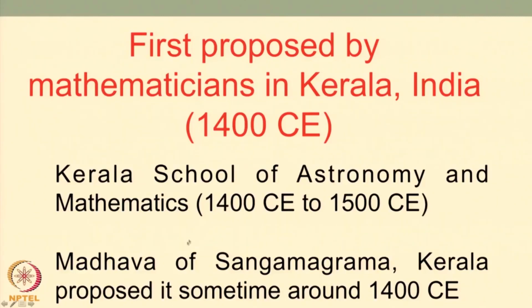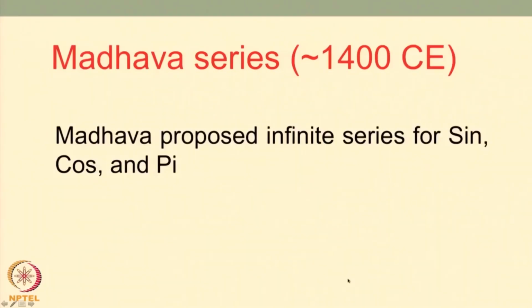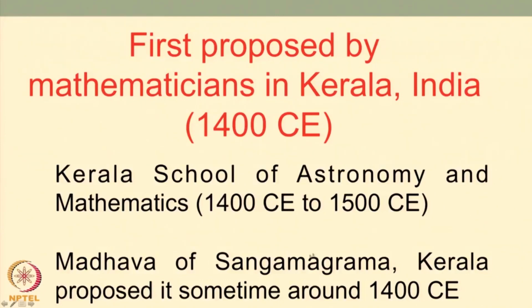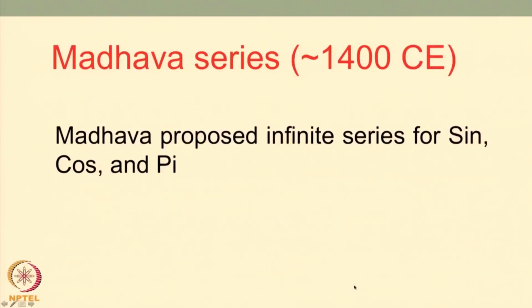One of the prominent persons in that is Madhava, and the place is called Sangama Grama. So Madhava of Sangama Grama in Kerala first proposed this kind of infinite series around 1400 CE.